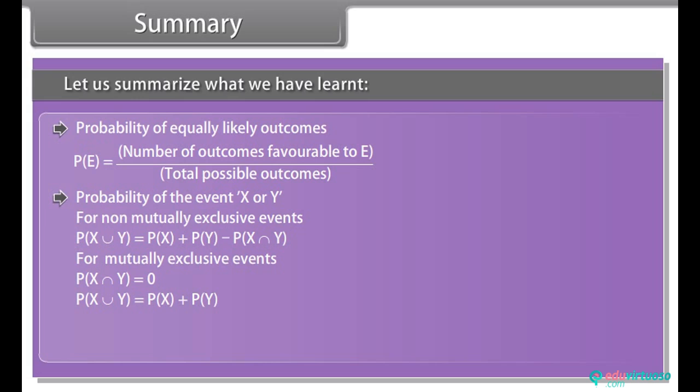For mutually exclusive events, P(X intersection Y) is equal to 0. P(X union Y) is equal to P(X) plus P(Y). Probability of the event not X. P(X dash) is equal to P(not X) is equal to 1 minus P(X).